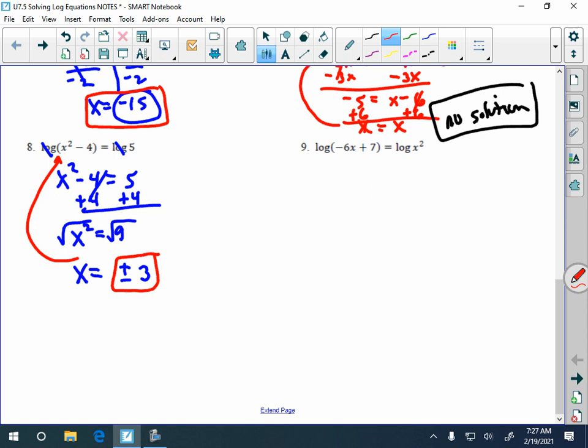All right, number 9. Cut off the logs. Negative 6x plus 7 equals x squared. So here I'm going to be using factoring, and so I'm going to leave the x squared on the right side because it's already positive, and I'm going to bring the negative 6x and plus 7 to the other side. So I'm going to add 6x and subtract 7 to bring them over to the right side.